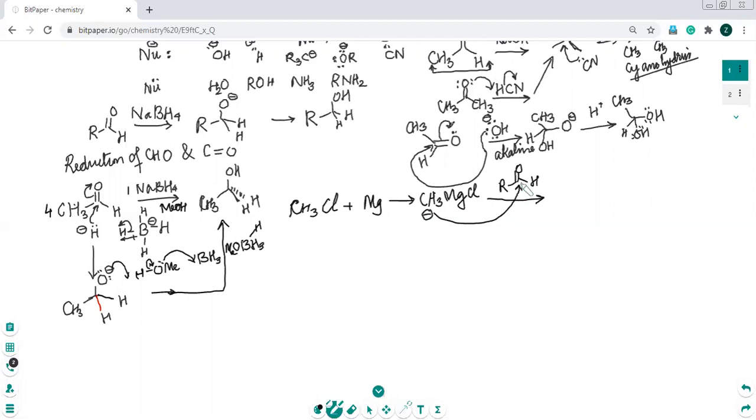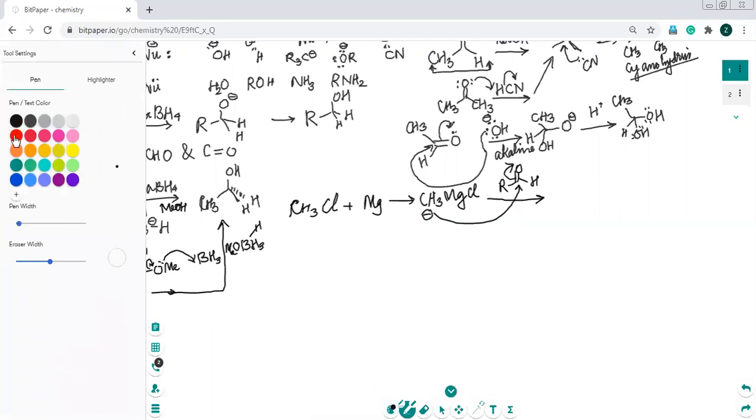It acts as a nucleophile, and then it adds across the double bond. So you can see, instead of H minus, as in the earlier case, here it is going to be your CH3 attacking.